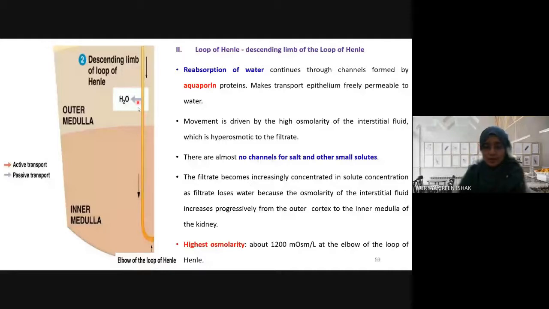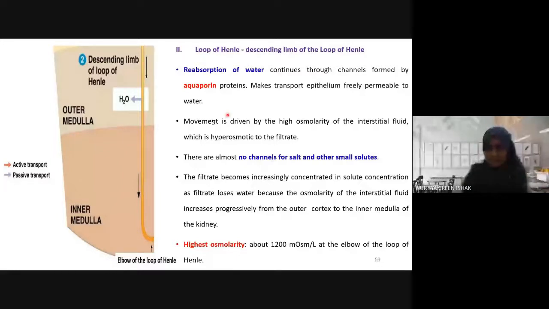This is because of the presence of aquaporins along the transport epithelium that makes up the wall of the loop of Henle. Reabsorption of water continues through channels formed by aquaporins, making the transport epithelium freely permeable to water. Remember, transport epithelium is the cells along the wall of the tubules.